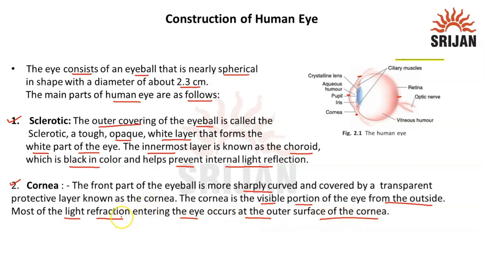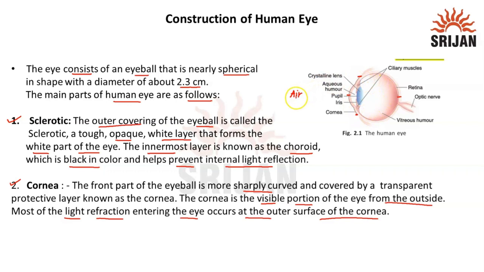Now, what is the meaning of refraction here? We know that refraction corresponds to the bending of light as it goes from one medium to the other. Let us say there is presence of air, because mostly outside our eye what we have is air, right? And the eye has a different refractive index than air.